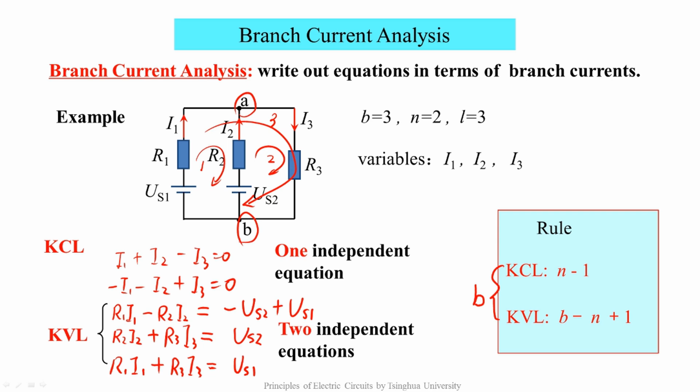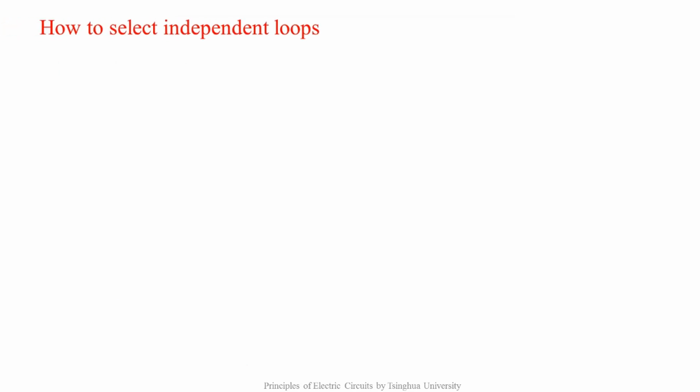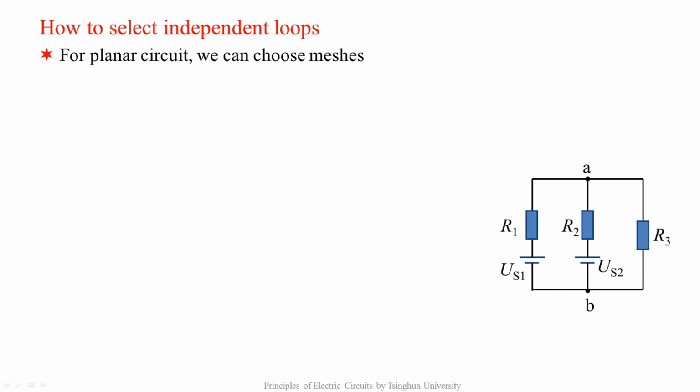Here, we'll discuss more about the selection of the independent nodes and the independent loops in the circuits. It's simple for the independent nodes. For n nodes in the circuit, we choose any of them as a reference node. The remaining n-1 nodes are independent. For the selection of the independent loops, it's simple for a planar circuit. We can choose its meshes as a set of independent loops.